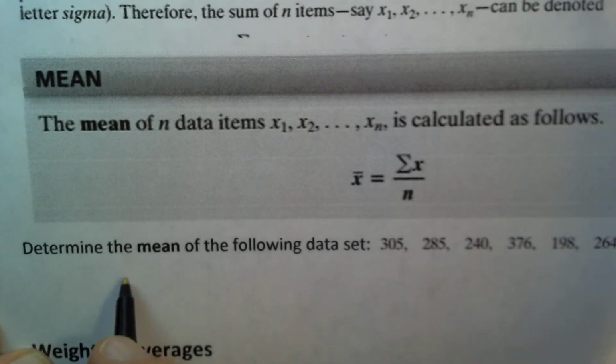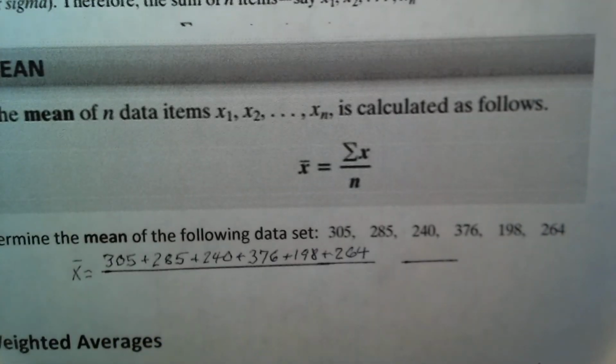So we compute x bar in the following way. Here we have all the data items, 305 plus 285, etc., all the way up to 264. And then there are 1, 2, 3, 4, 5, 6 data items, so n equals 6.